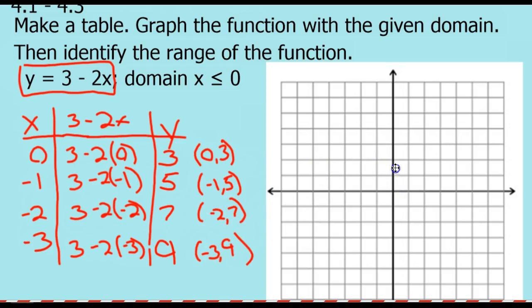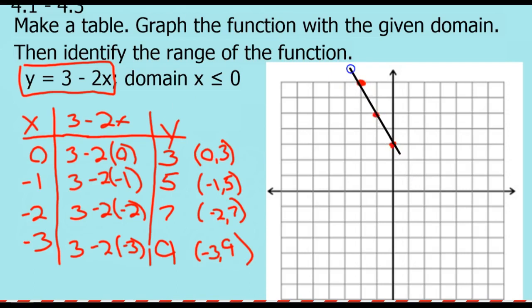We're going to make points at those coordinates. So 0, 1, 2, 3 is our first point. Negative 1, 1, 2, 3, 4, 5 is our second point. And negative 2, 1, 2, 3, 4, 5, 6, 7. We can't go any further, so we can't graph our last point, but we can make a line just through these 3 points.